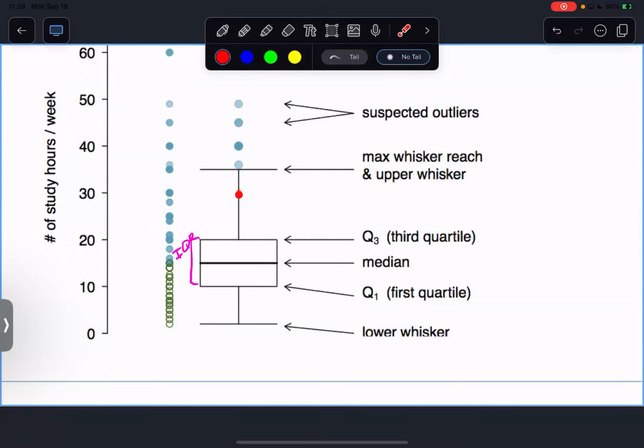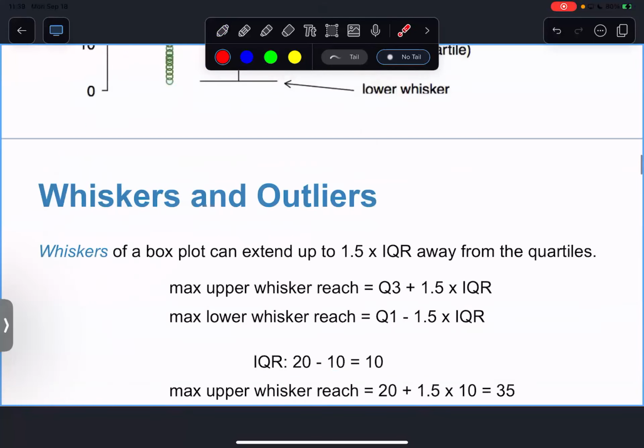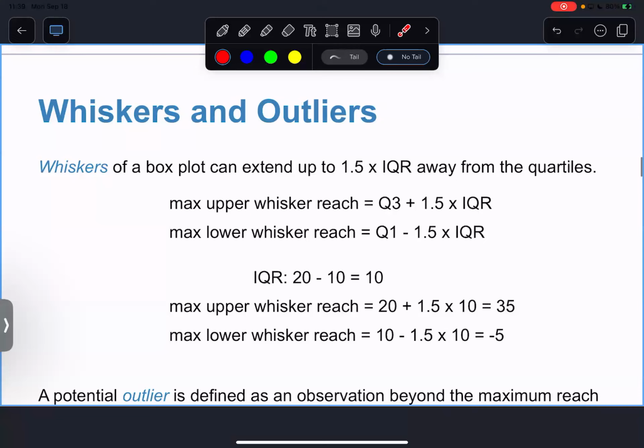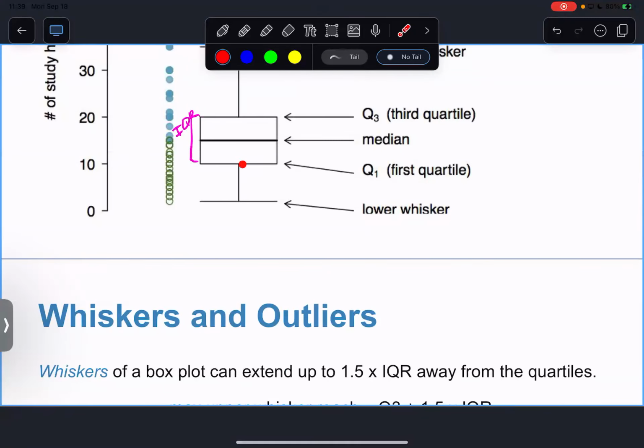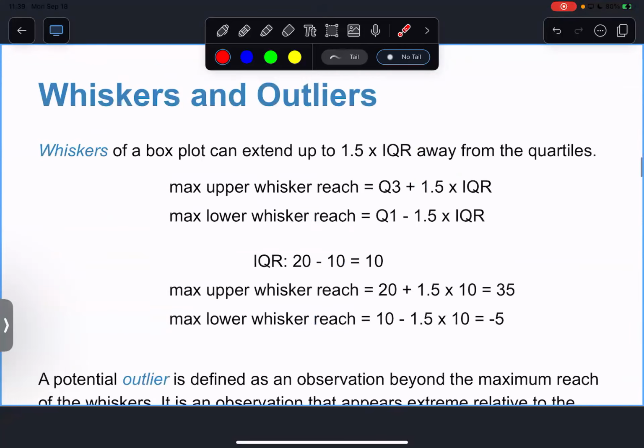So this is allowed to be 1.5 times that distance. So the max upper whisker reach is Q3 plus 1.5 times the interquartile range, whereas the lower whisker, visually, now we're going down from Q1. So now we have to do Q1 minus 1.5 times the interquartile range.